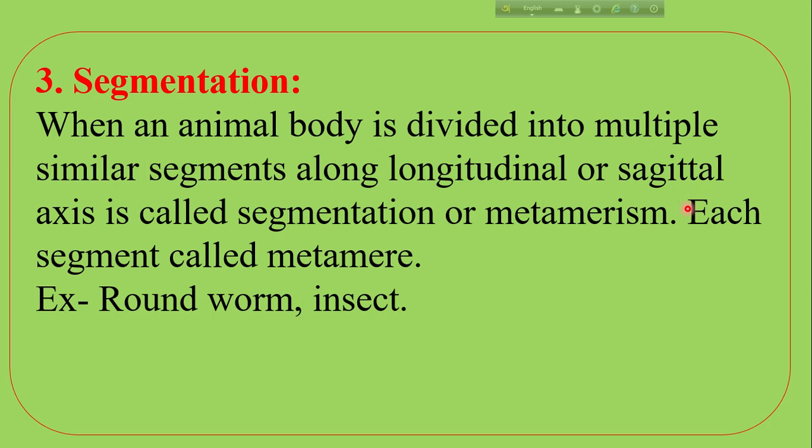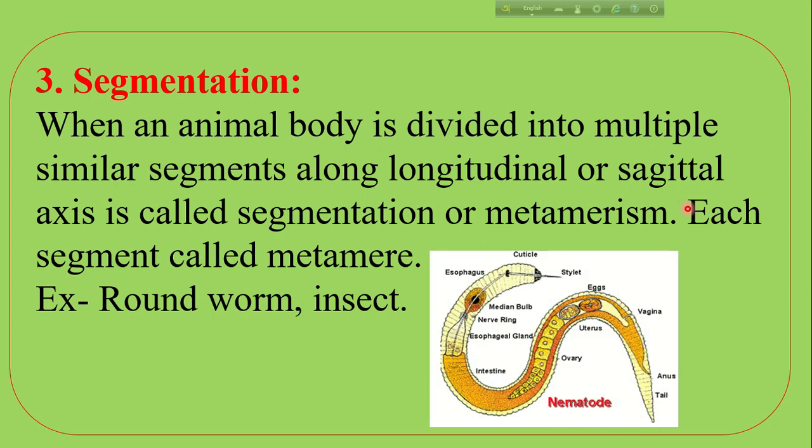Example, roundworm, insect, etc. Nematoda: this is a tube-like or tubular body. Their tubular body is divided into different metamers, different segments. This segment is called a metamer, and this type of process is called segmentation.